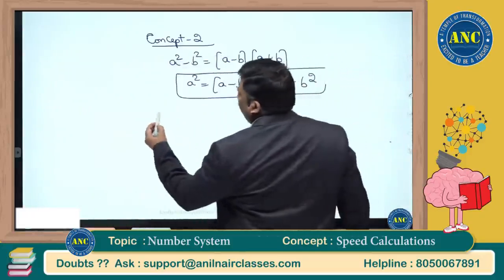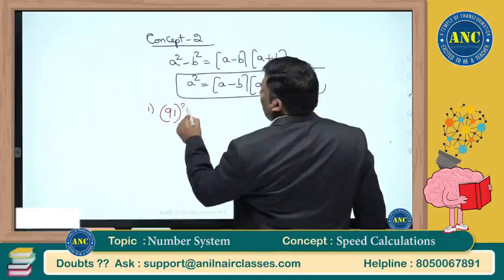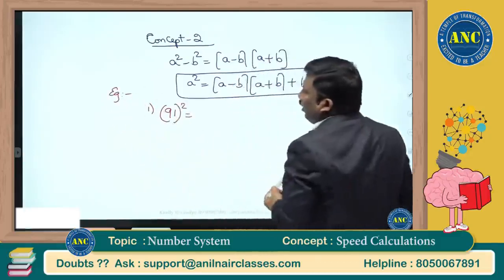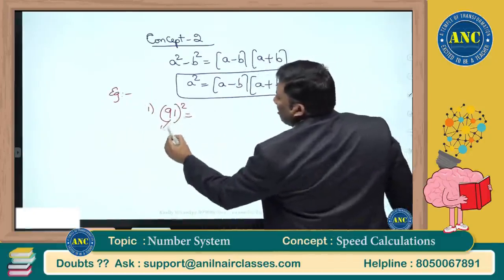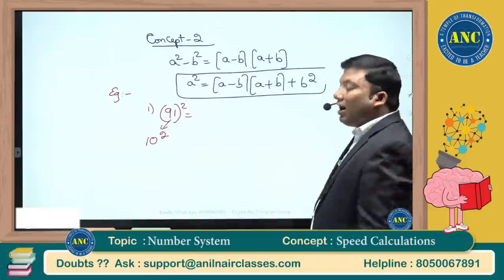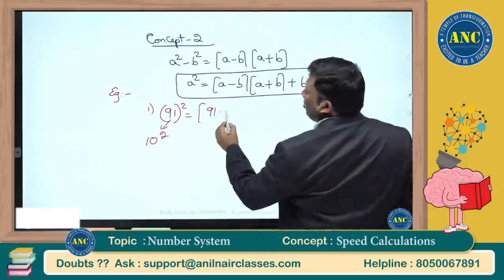For example, 91 whole square. 91 is nearer to which power of 10? 91 is nearer to 100. A is nothing but the given number, A is 91.